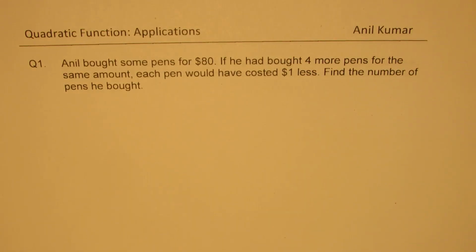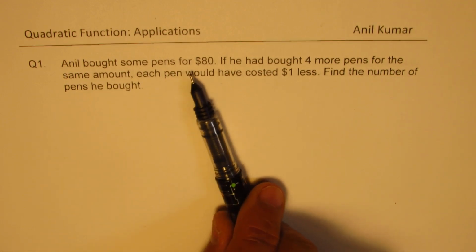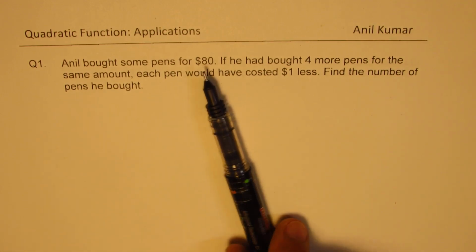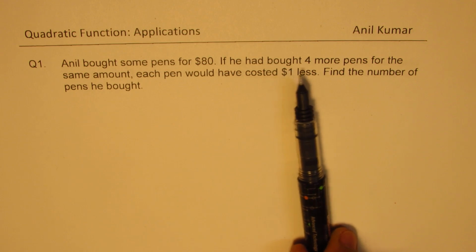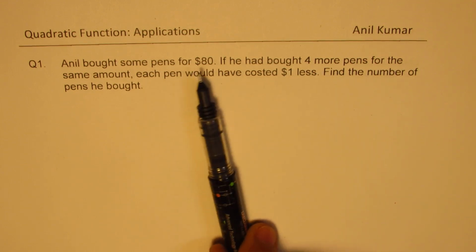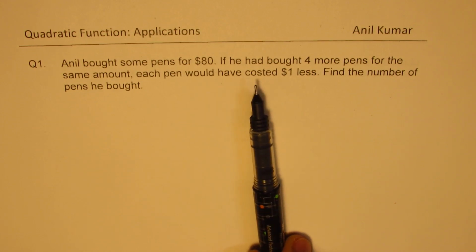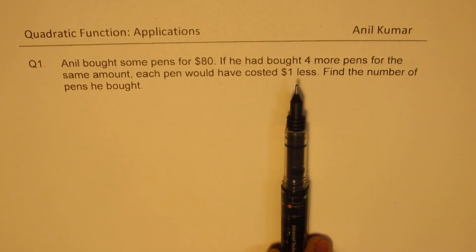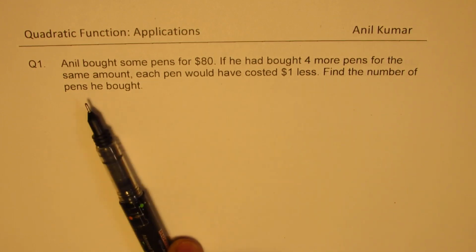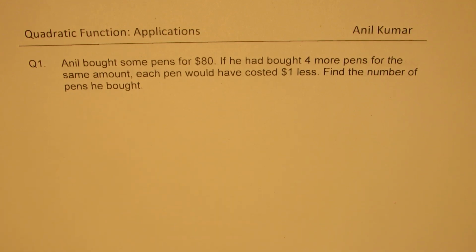Question number 1 here is, Anil bought some pens for $80. If he had bought 4 more pens for the same amount, which is $80, each pen would have costed $1 less. Find the number of pens he bought, right?